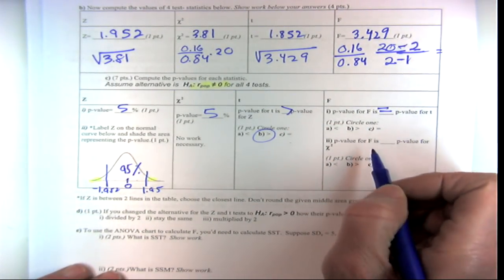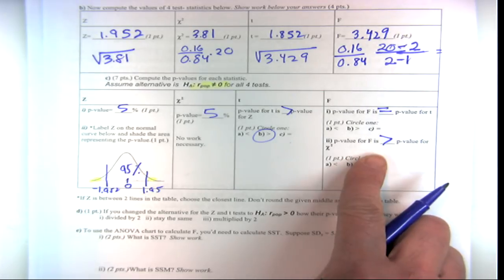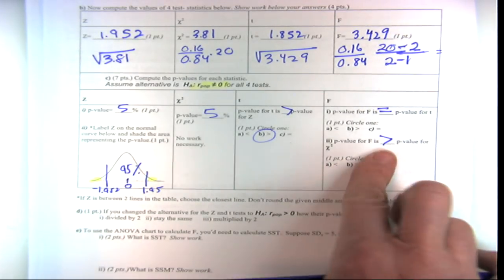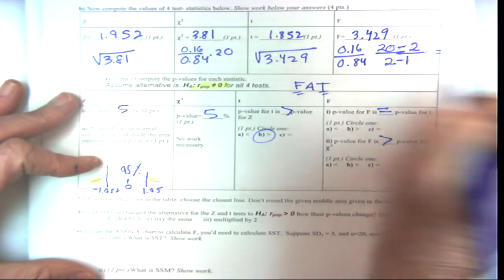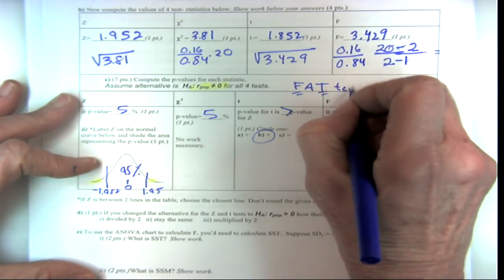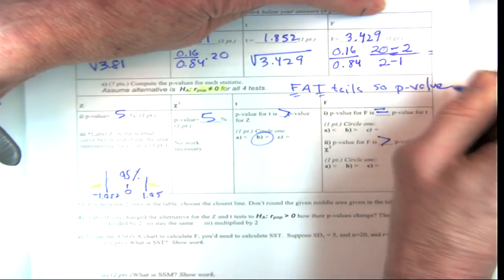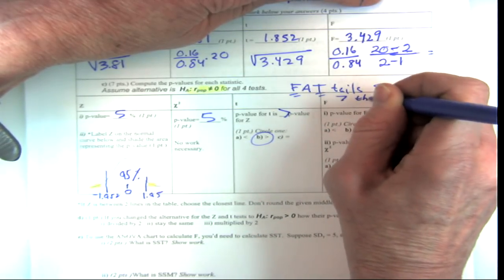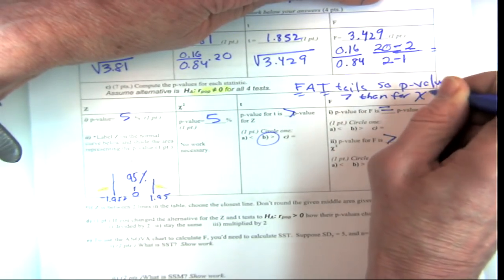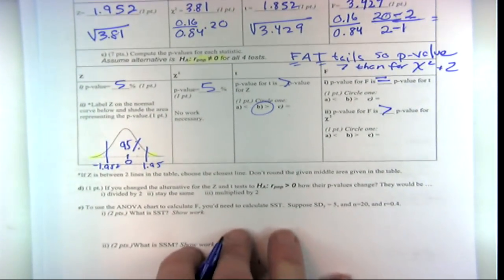All right, and the p-value for f, it's fatter in the tails. Fat tails means the p-value measures the area of the tail. That's f and t, fat tails. So the p-value is bigger. Okay, so that's the idea. Any questions on that?